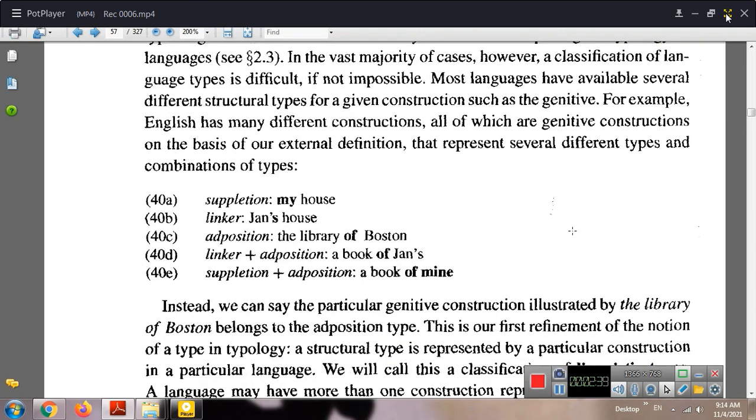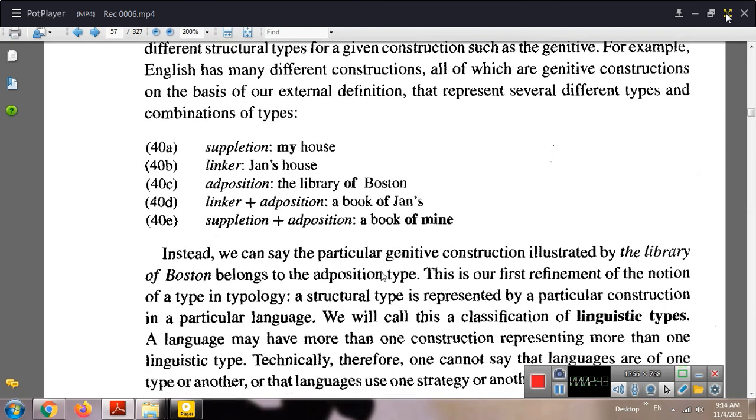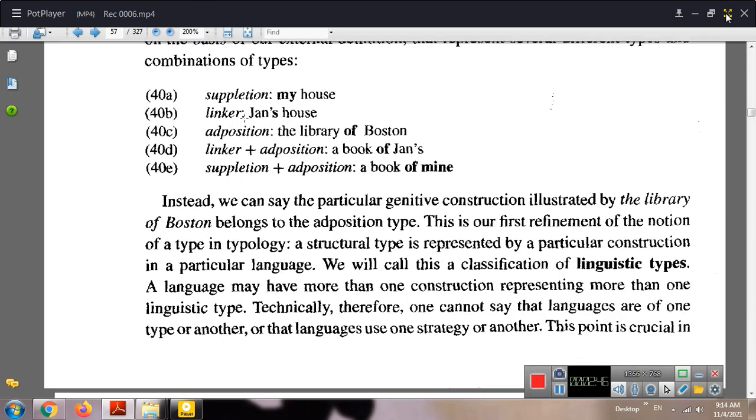Here we can see the example of a genitive in English. We can express the genitive through the suppletion, like my house. The bold word are the genitive. Or through the linker, like apostrophe S, Jan's house.